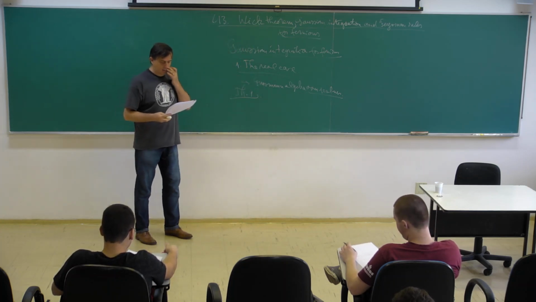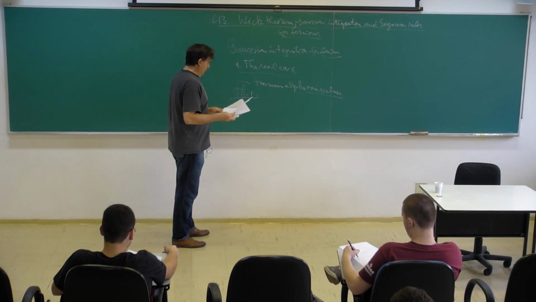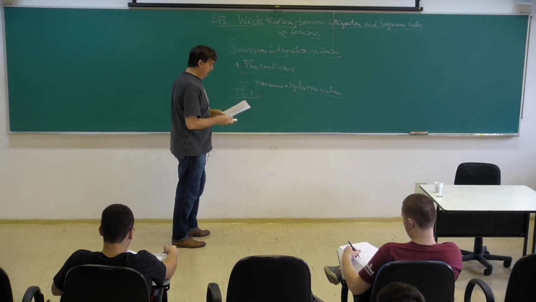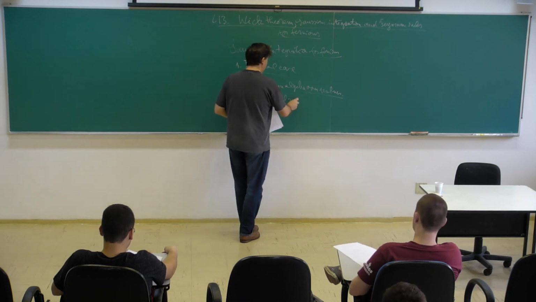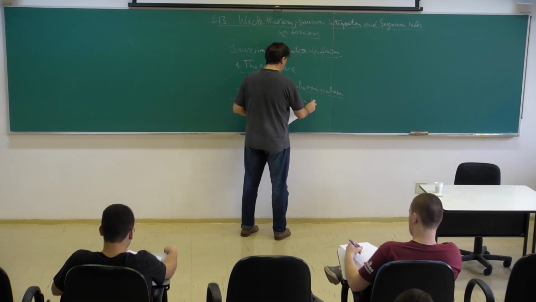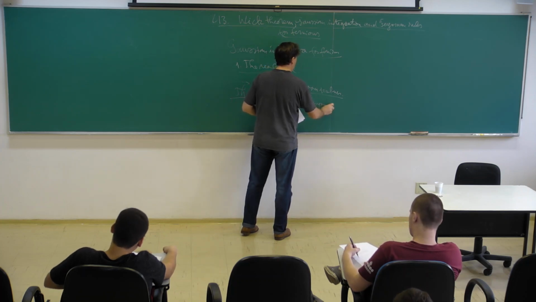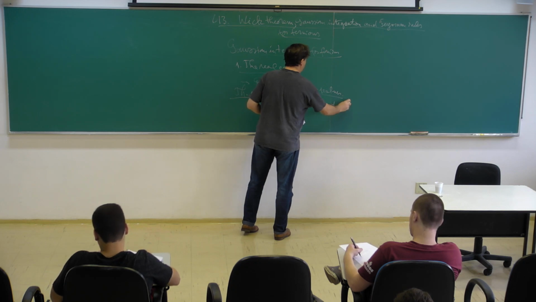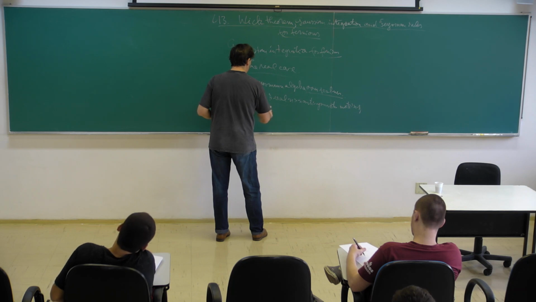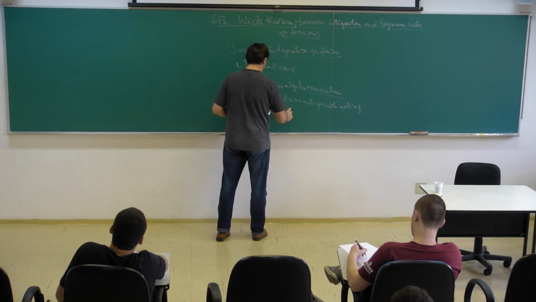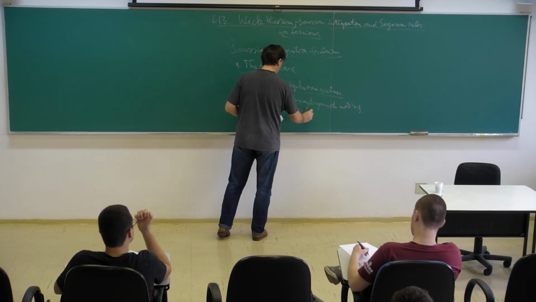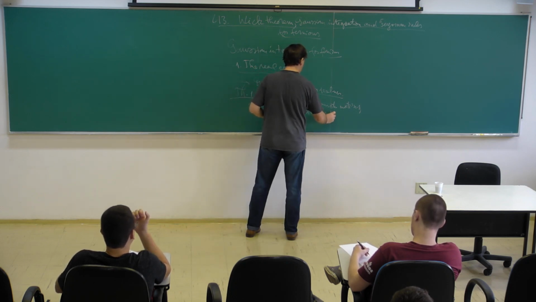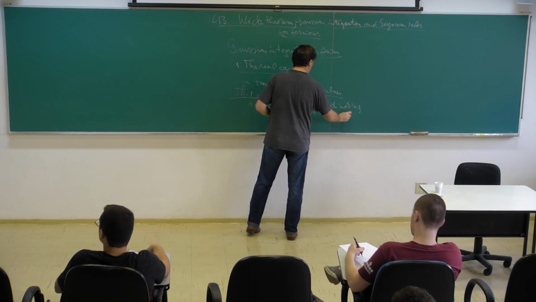So, we'll write this as a theorem. We'll consider a real n by n antisymmetric matrix A, such that A squared has negative non-zero eigenvalues.